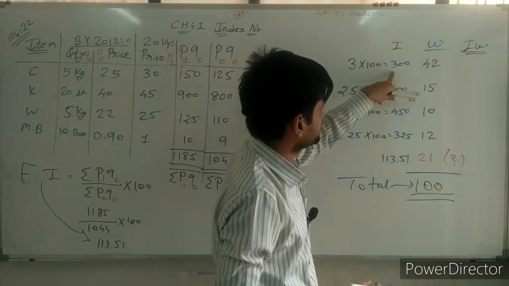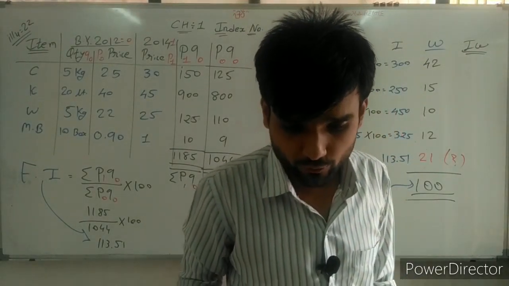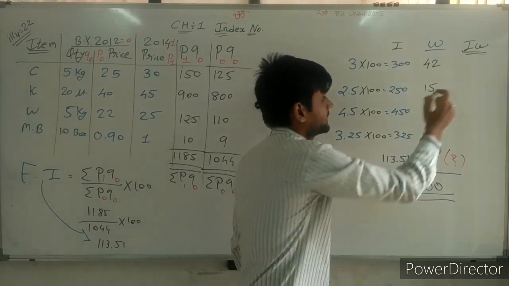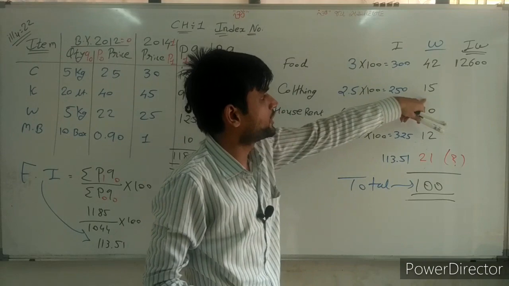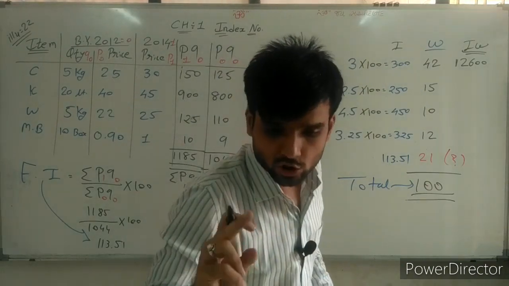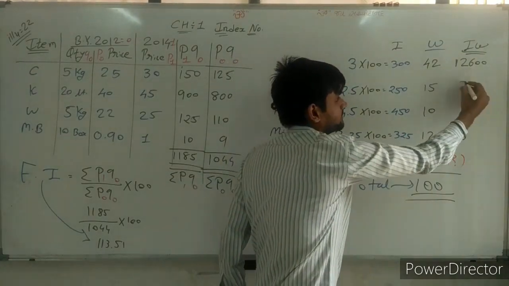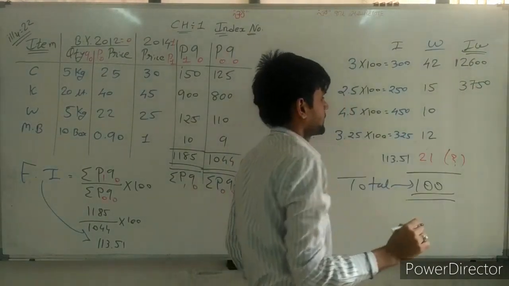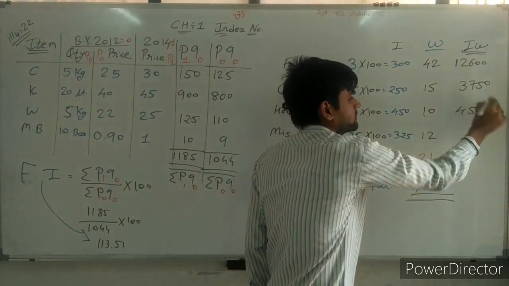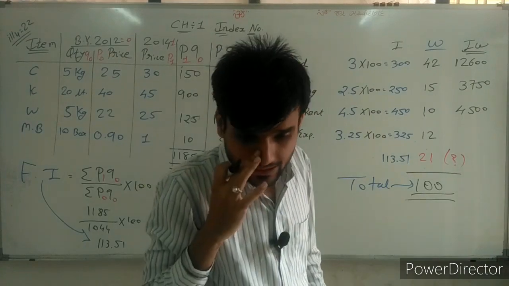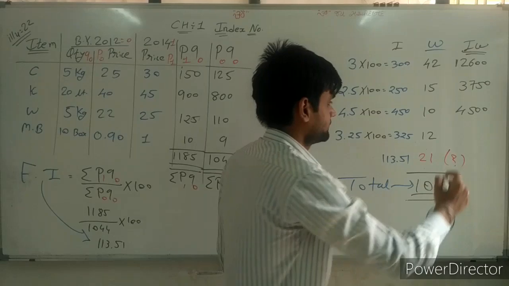Multiplication of both. 300 into 42. So what is the answer actually? 300 into 42, I am getting 12,600. Same way 250 into 15, I am getting 3,750. 450 into 10, that is very easy, directly can do, 4,500. 325 into 12, 3,900.